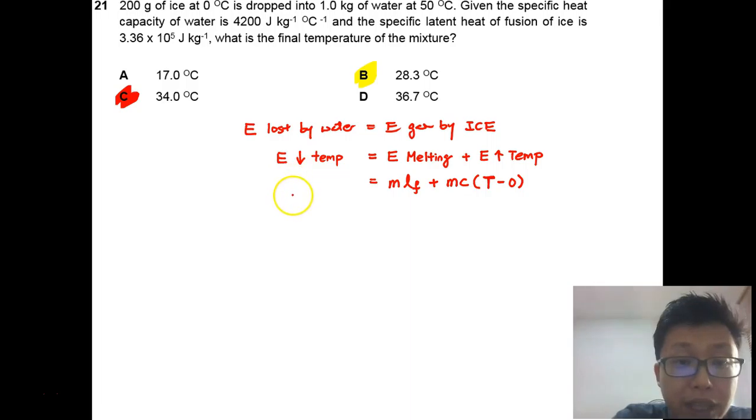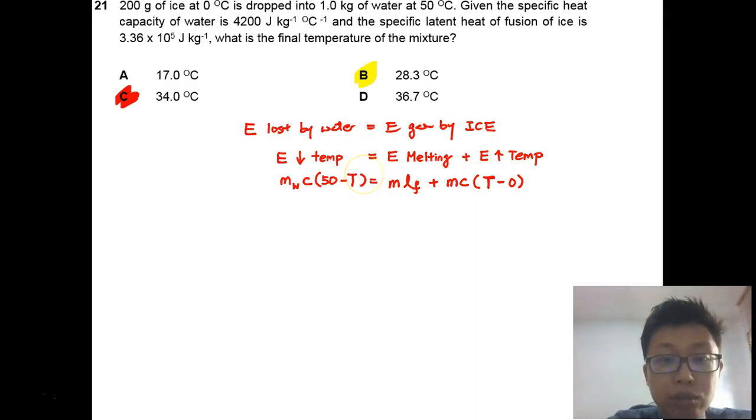Then on the left hand side is just the mass of the water multiplied by the heat capacity, and the change in temperature is, at the very beginning, this water is at 50 degrees C, going to decrease to an unknown temperature T, which I do not know, so I have to give it an algebra.